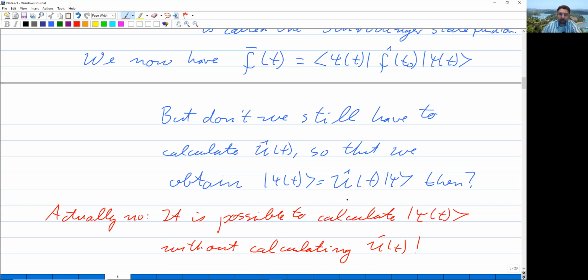And if we can calculate psi of t, remember, then we're done, because once we have psi of t, well, then we can calculate the time evolution of any prediction we want. We just take the operator at the beginning time, and we never need to calculate the time evolution of the operator. It's always at the initial time. And then knowing psi of t, we can calculate our predictions later on. But how does this work? How can we calculate psi of t without having first calculated u hat of t?